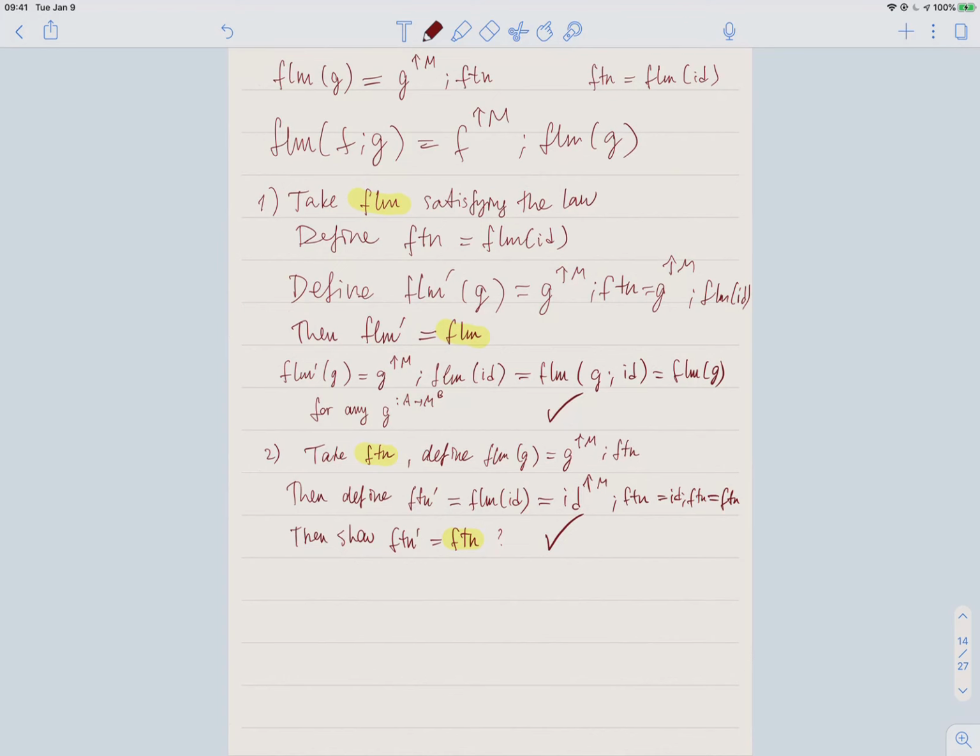But once we assume naturality law, then flatten is equivalent to flatMap. And actually, we can also show that if flatMap is defined through flatten, then this flatMap satisfies the naturality law.